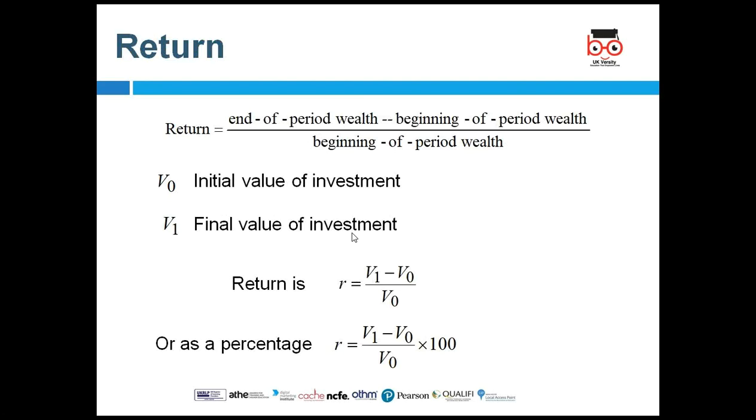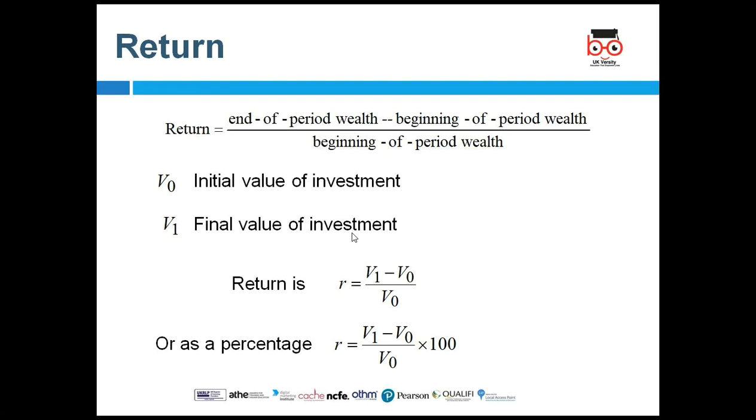Okay, so normally for return, we can use the formula. V0 is the value of the initial investment. V1 is known as the final value of the investment. R is the return. It is the value of the final investment minus the value of the initial investment, the difference, divided by the base.